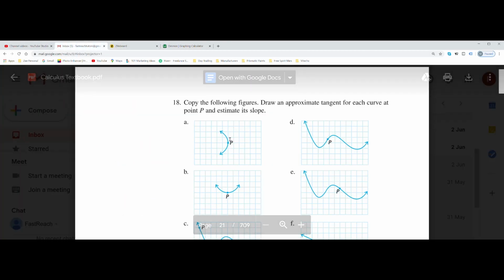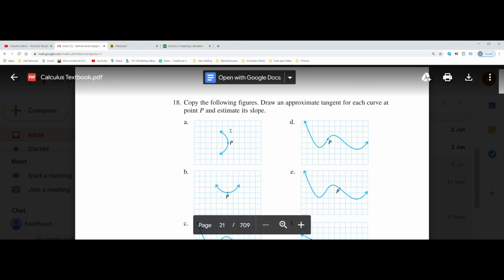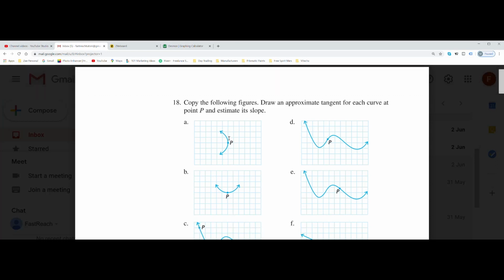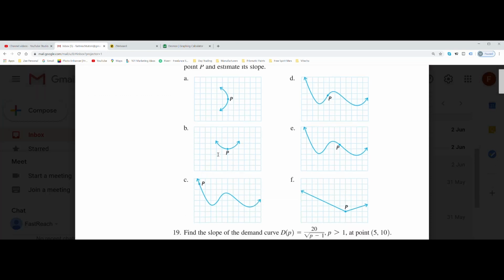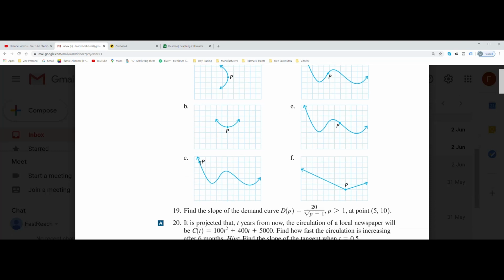If you take the slope at this line, it's a vertical line. So the slope is undefined because it's a straight vertical line. Here is another case, except that it's a horizontal line, and horizontal lines have a slope of 0.